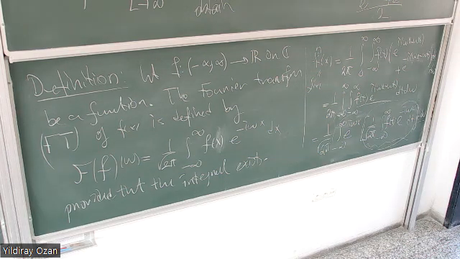This becomes just F of X. So it is just 1 over 2 pi minus infinity to plus infinity. This time we have F hat of W e to the power I W X dW.